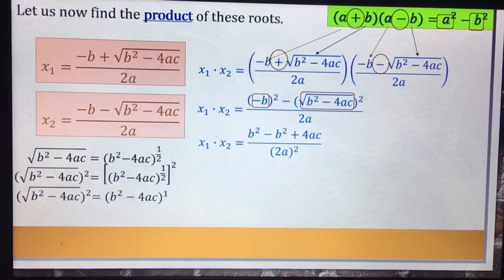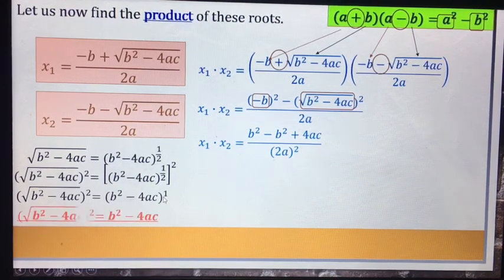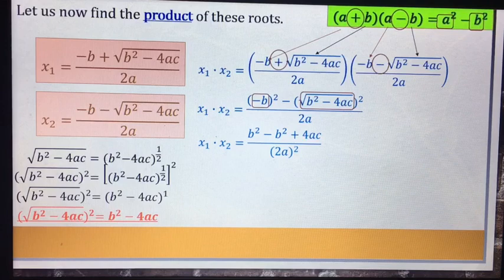We multiply the powers: 1/2 times 2 is 1, so the exponent becomes 1. Therefore, the square root of b squared minus 4ac squared is just b squared minus 4ac.